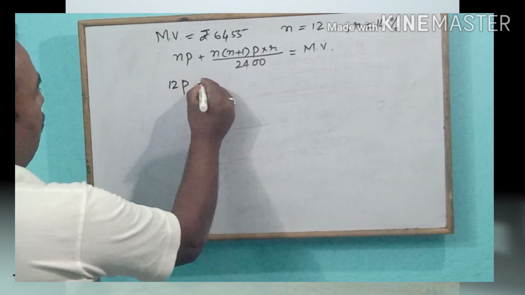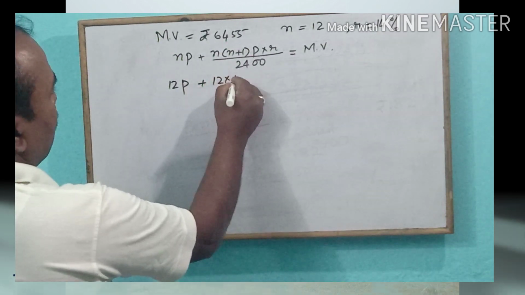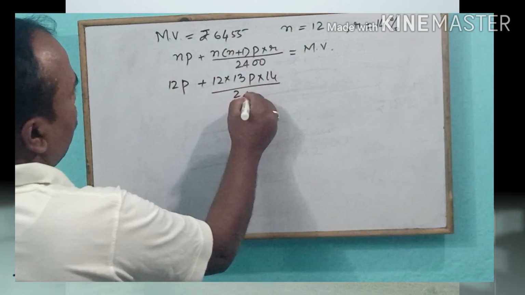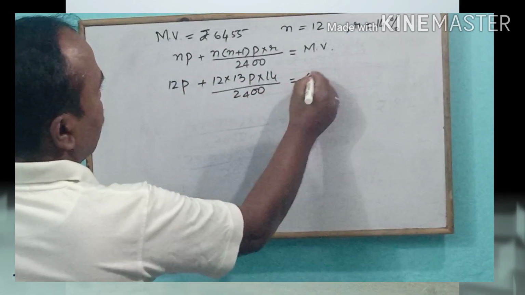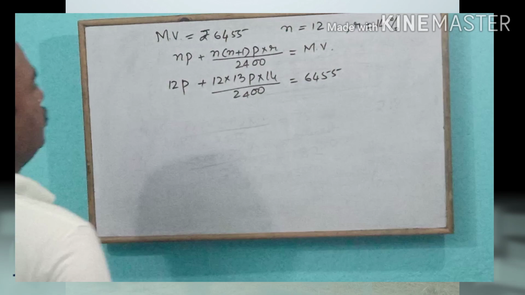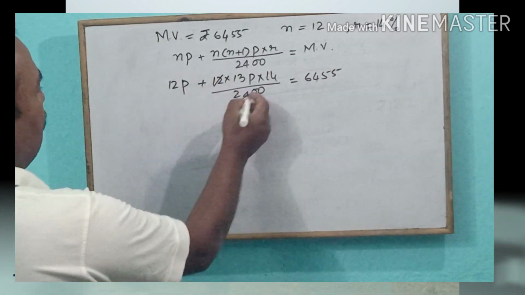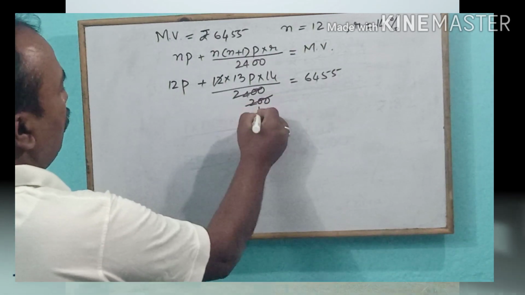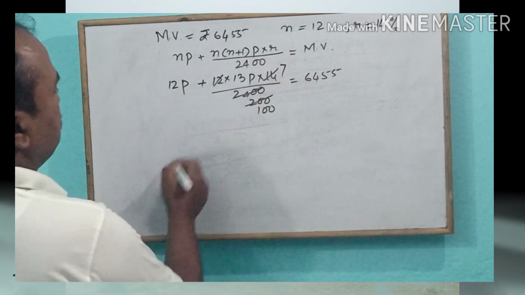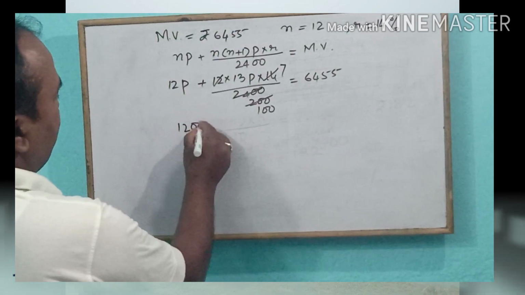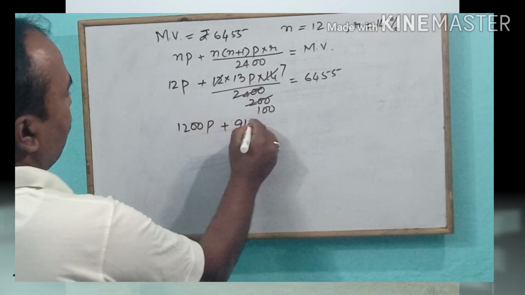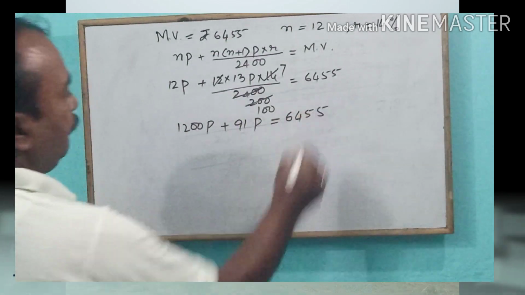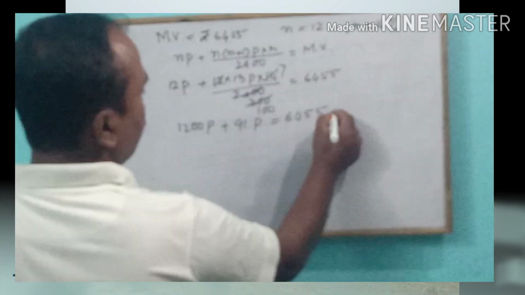12P plus 12 into 13P into 14 by 2400, that is 6455. On simplifying, this is 1200P plus 91P is equal to 645500.